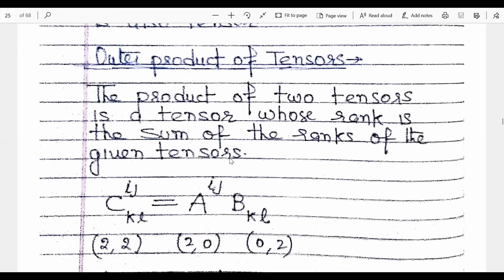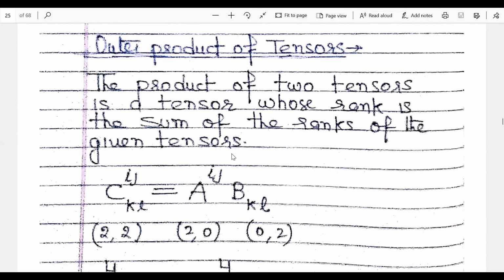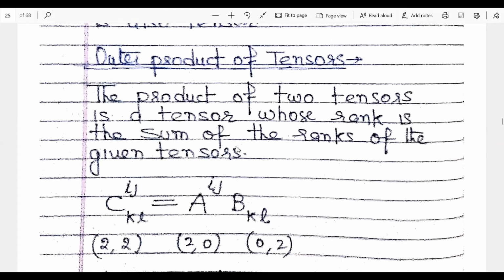Now next is the outer product, which is a simple product. The product of two tensors is a tensor whose rank is the sum of the ranks of the given tensors.